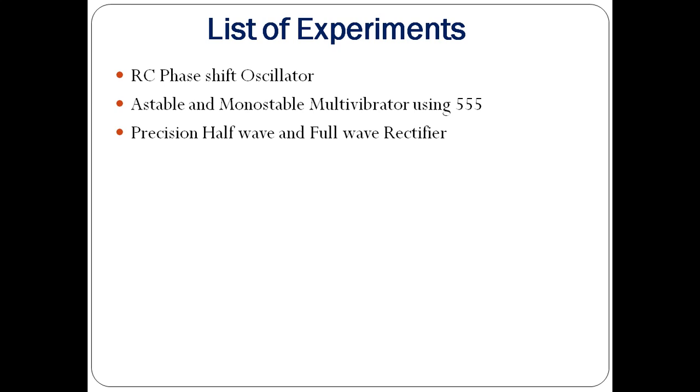The first experiment, RC phase shift oscillator using operational amplifier MuA741. The second experiment, astable and monostable multivibrator using 555 timer. The last set of experiments will be related to precision rectifiers, half wave rectifier and full wave rectifier.